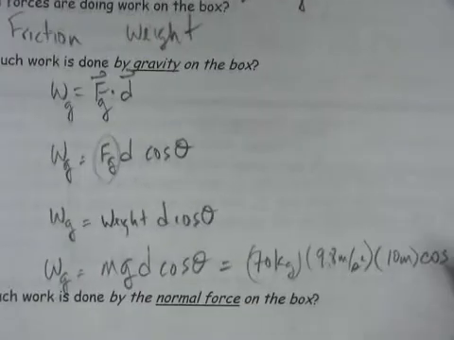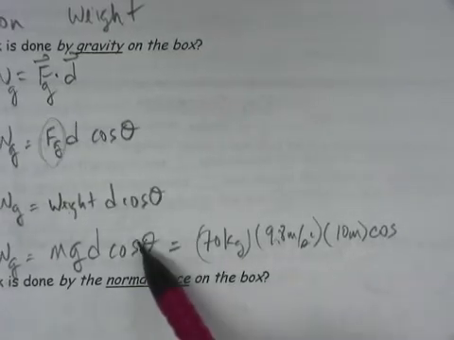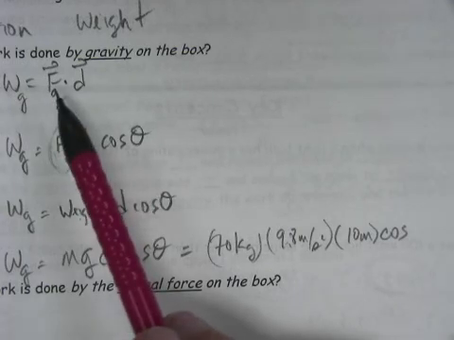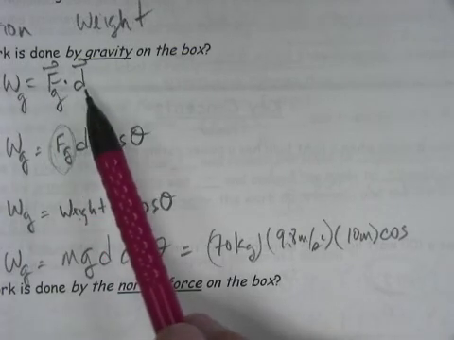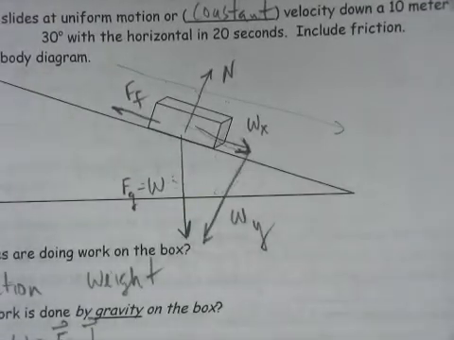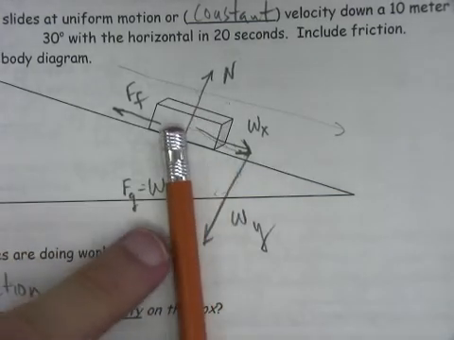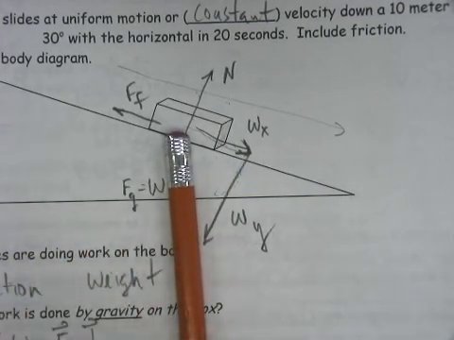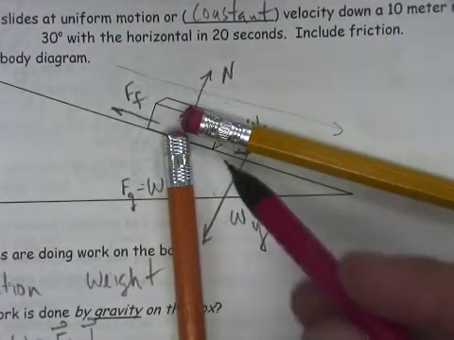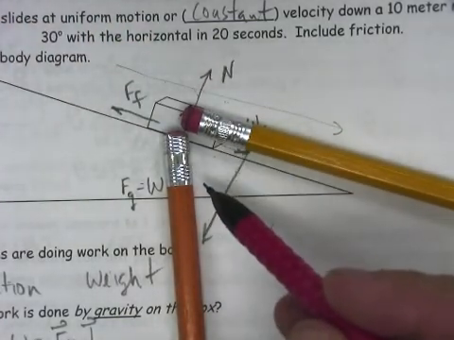So let's go back up to the diagram. What is this angle between? It's the angle between these two vectors, the force of gravity and the displacement. So what is that angle? Well, if I can use my pencils, like I did in some previous videos, we can say that the force of gravity is down and the motion is parallel to the plane. So we need this angle right here, but it's not 30 degrees.